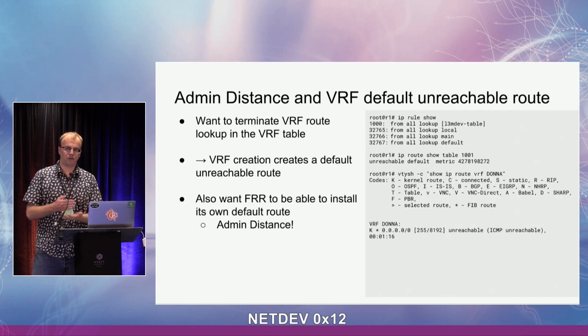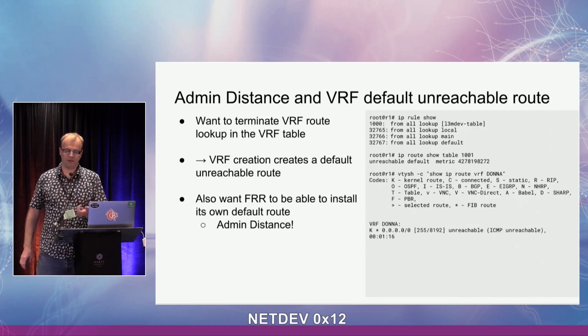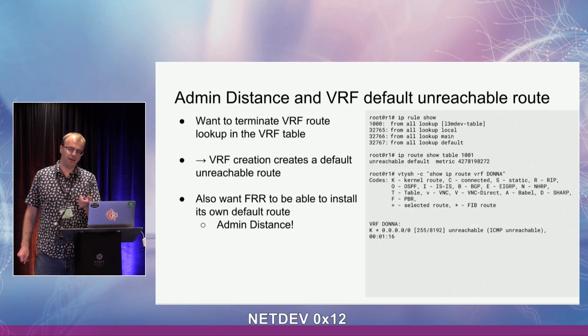So when you tell the Linux kernel to do a lookup, when a packet comes in and it has to do a lookup and it goes, I need to look up in table 1000, and from the IP rule show, we know what table to look at.